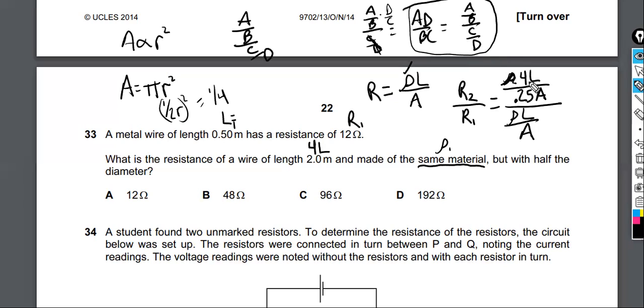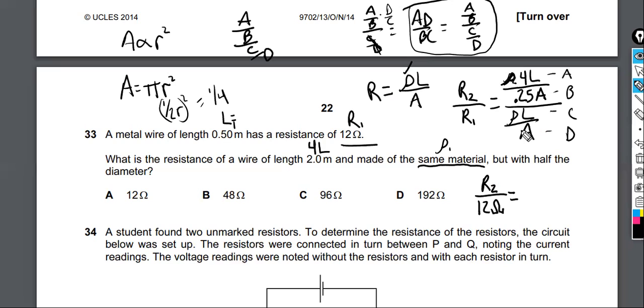Look what we got over here, A over B over C over D. So now I'm going to rewrite this. R2 over R1, remember R1 has a value, 12, equals. Now, this is my A, this is my B, this is my C, and this is my D, right?